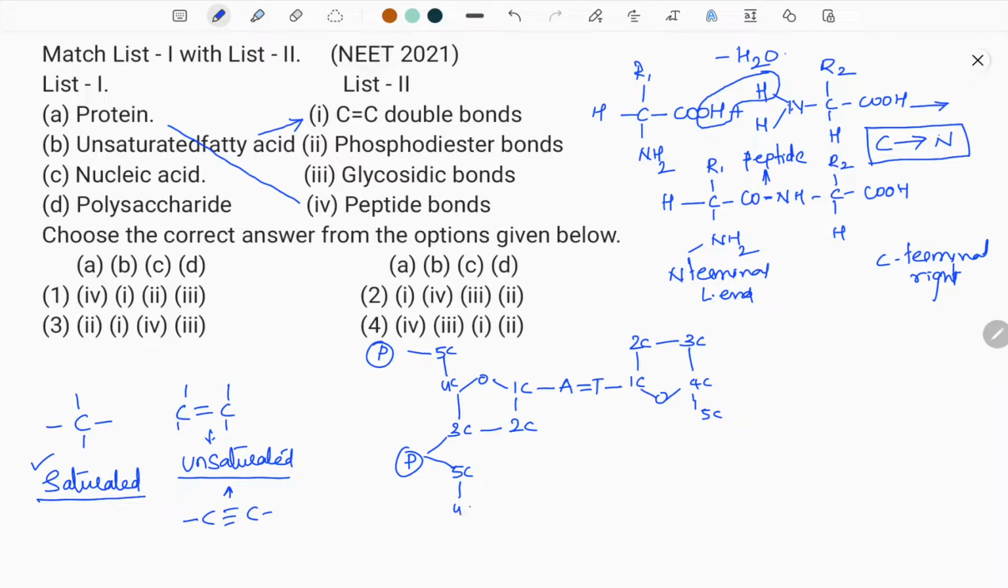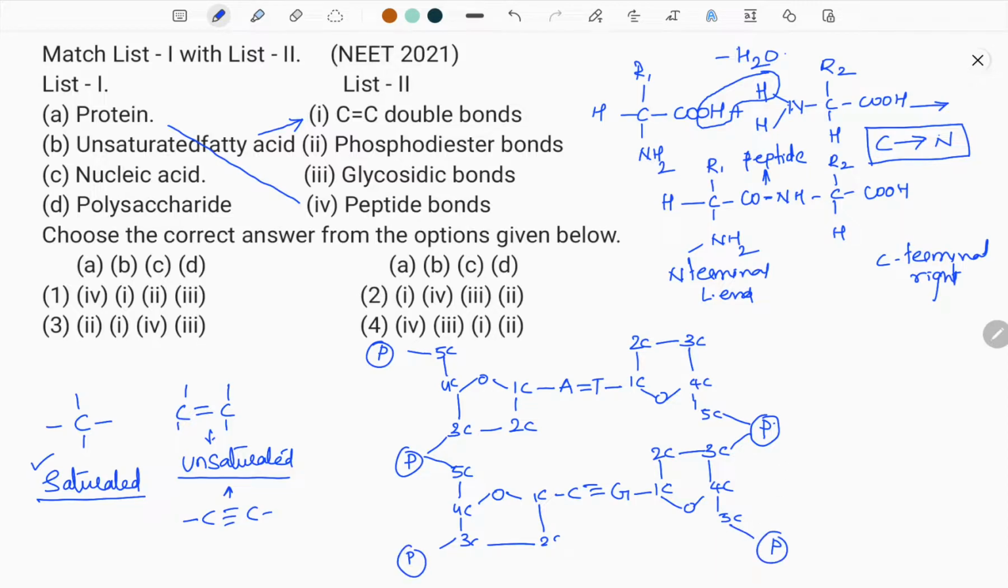Here we find fourth carbon, third carbon, second carbon, first carbon, oxygen, and here we find cytosine, triple bond, guanine, first carbon, second carbon, third carbon, fourth carbon, fifth carbon, right, here oxygen. Now in between fifth and third carbon phosphate is bound like this. Again to this we find the phosphate.